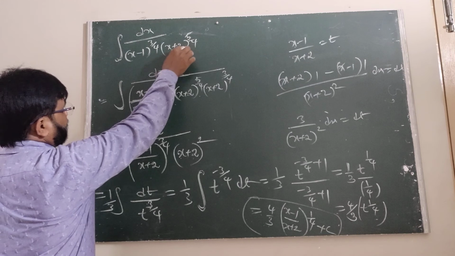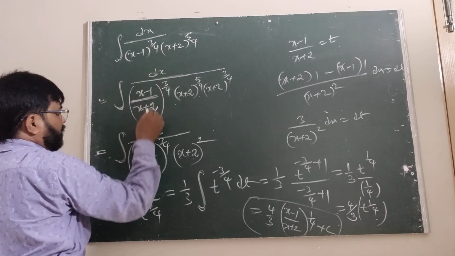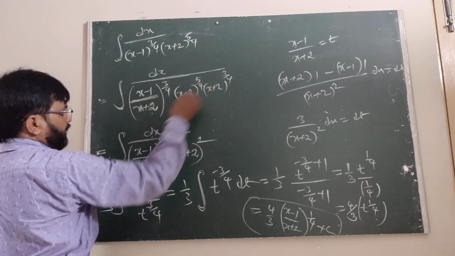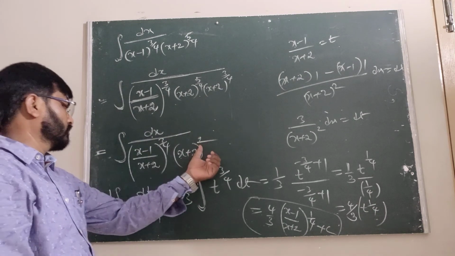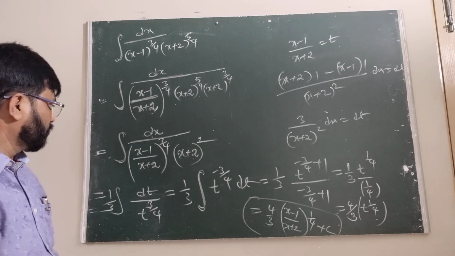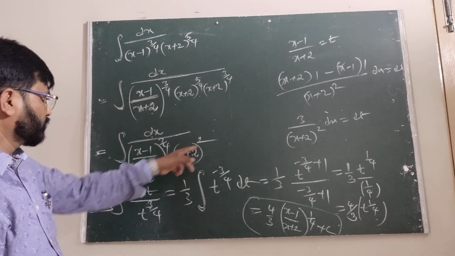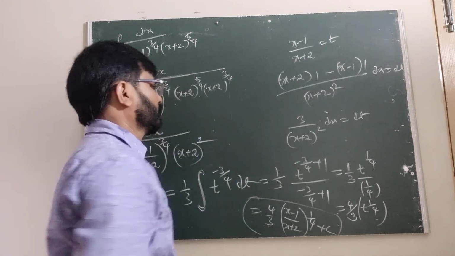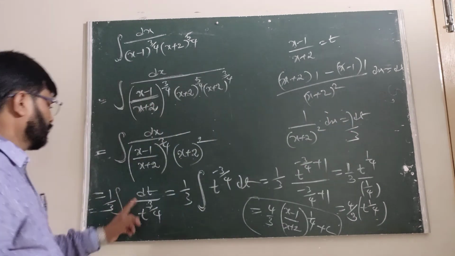Here x plus 2 whole power 5 by 4 is there, but here 3 by 4 is there. Once again we take x plus 2 whole power 3 by 4. These two are cancelled, and we get this one again, after adding, this is whole square. Then we take this as t, and dx by x plus 2 whole square is dt. The 3 is sent to the other side as 1 by 3, so this is 1 by 3 dt.